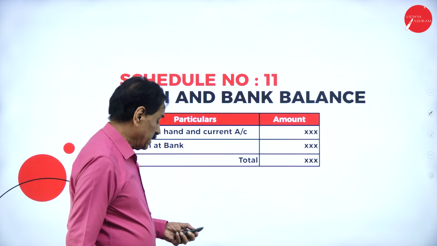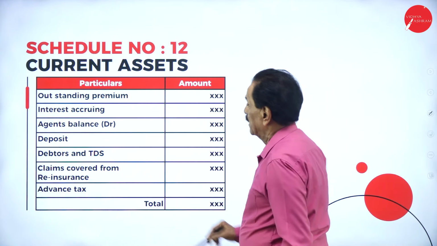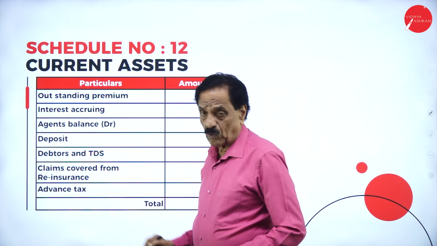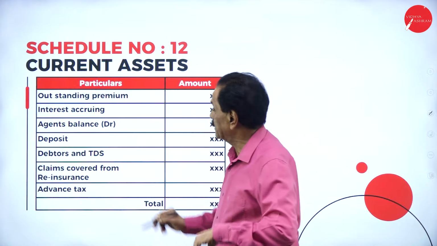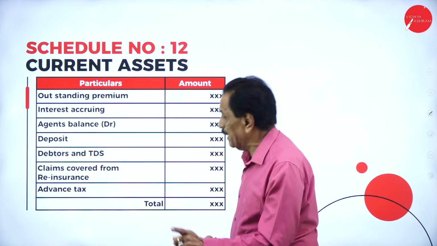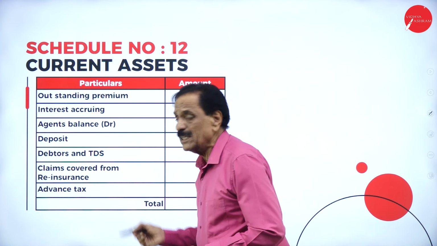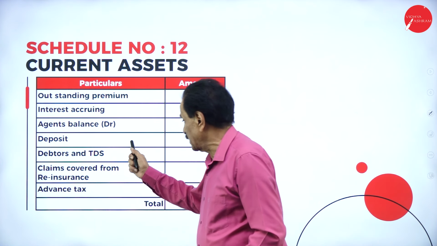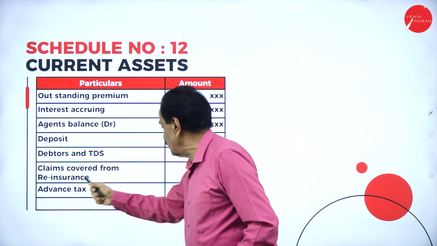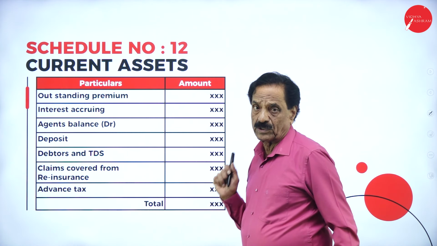Then 12th is the current asset: outstanding premium from the adjustment, interest accruing either from the trial balance or adjustment, agent balance debit, deposit debit, debtor and TDS, that is interest and discount tax on above is TDS, claims covered from insurance, advance tax.